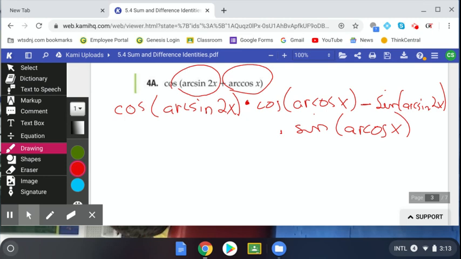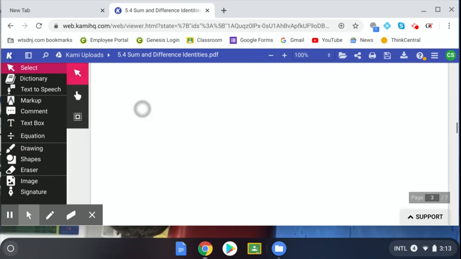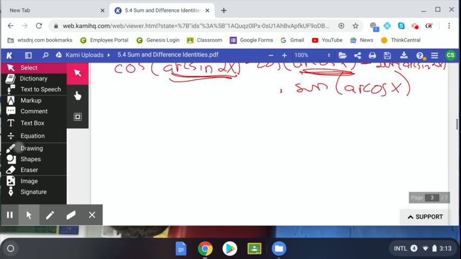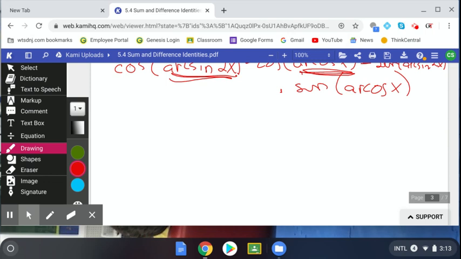Now, the thing is, I don't know the value for cosine of arcsine 2x and sine of arc cosine x. So I need to draw a triangle and figure it out algebraically. Okay. So let's say I pick an acute angle. Let's say this is 90.